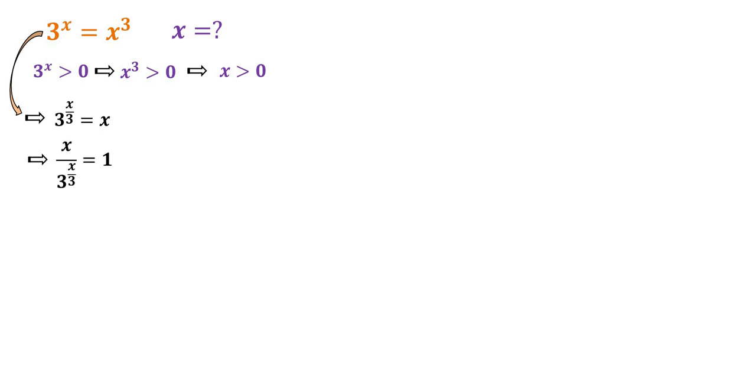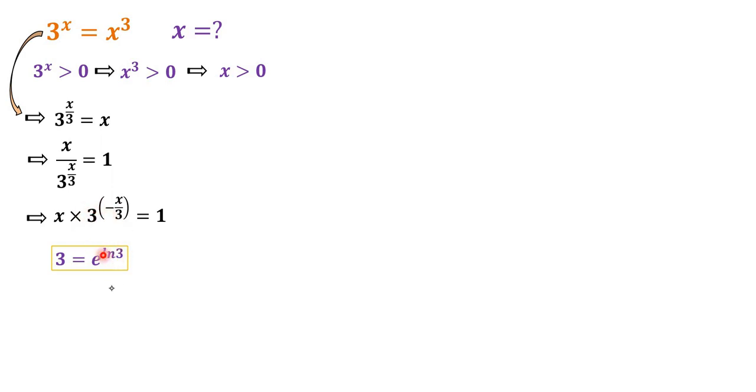Then we divide both sides by 3 to the power of x over 3. We have x over 3 to the power of x over 3 is equal to 1. Then make an arrangement. We have x times 3 to the power of negative x over 3 is equal to 1. So, 3 is equal to e to the power of ln 3.